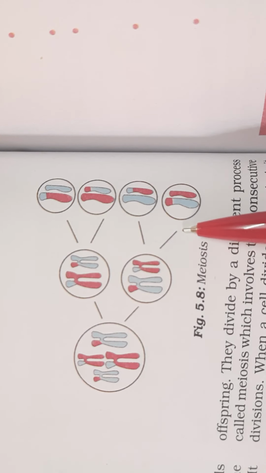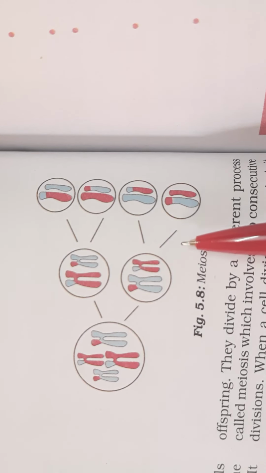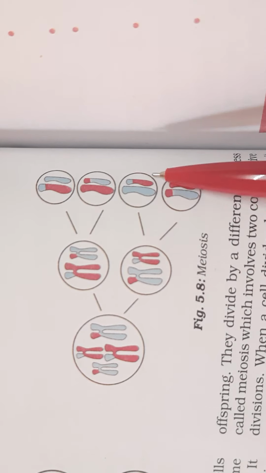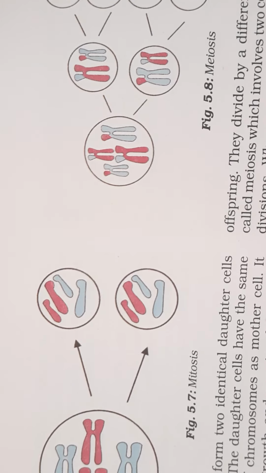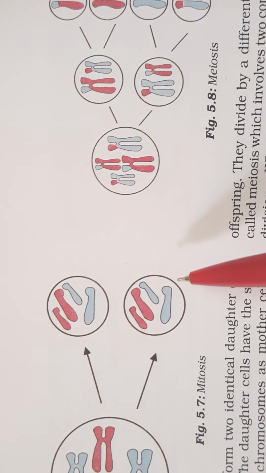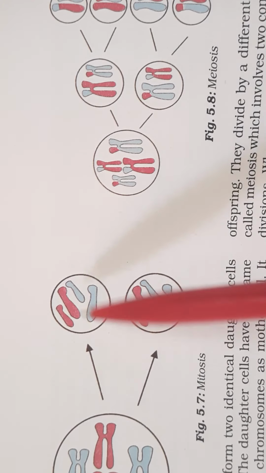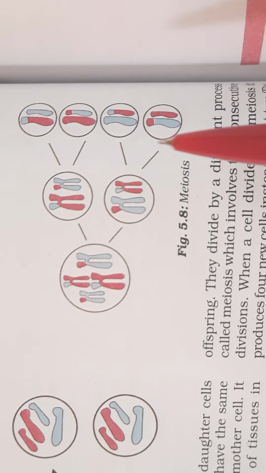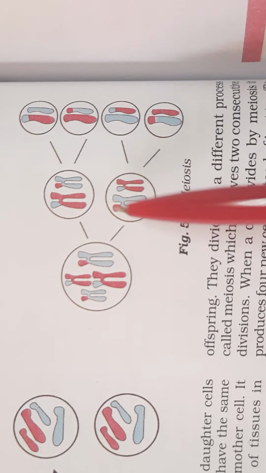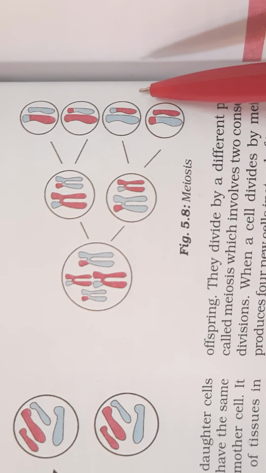Here there are two consecutive divisions. That is the difference between mitosis and meiosis. In mitosis there is only one division, directly into daughter cells. Whereas in meiosis, there are two consecutive divisions. Consecutive division means one after the other.